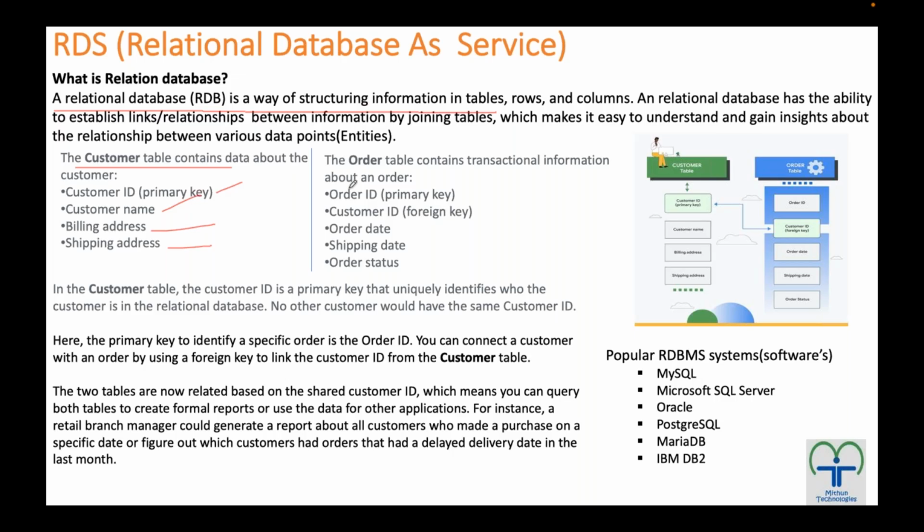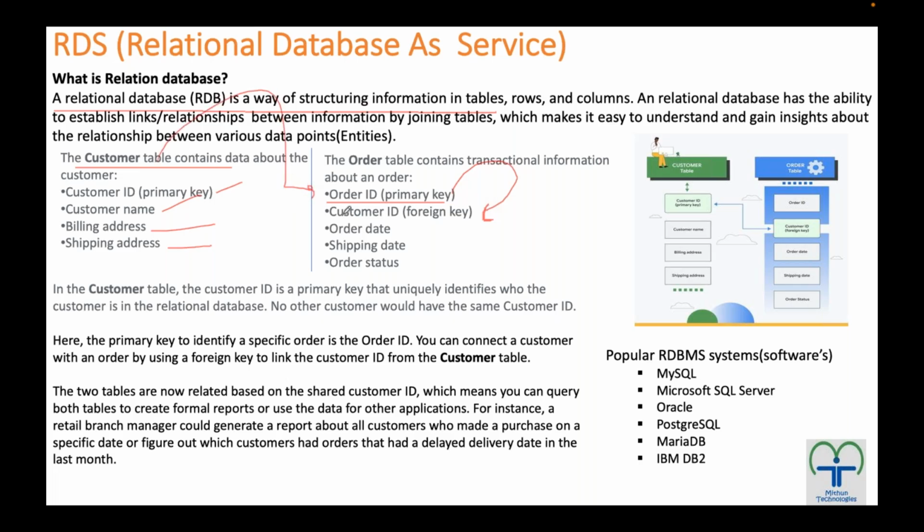If you take Flipkart as an example, customers may have orders. What is the order ID, and that order is created by which customer, a relation. So a customer may have a relationship with orders, right?